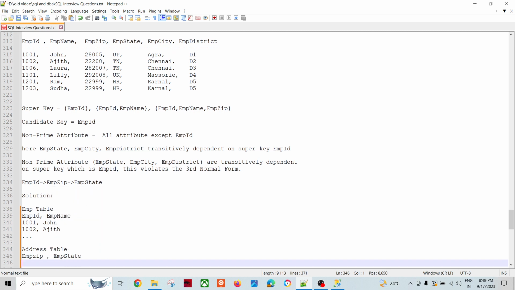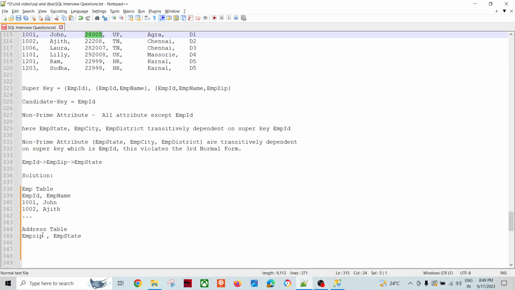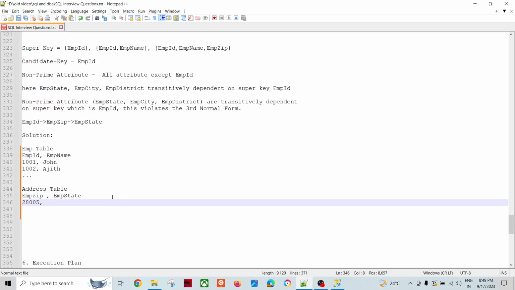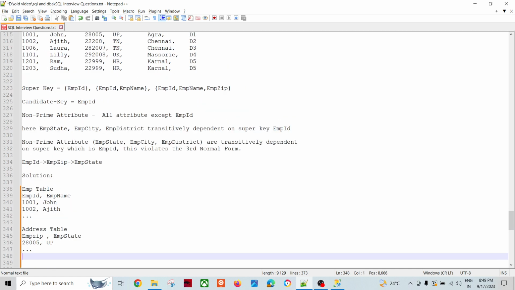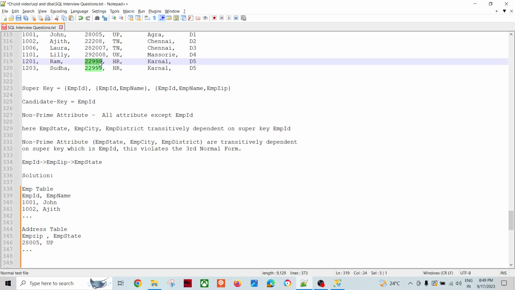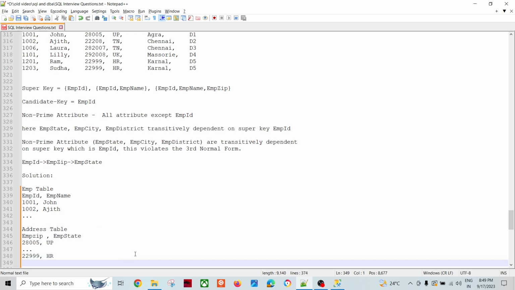Let's say I take two values; I am not taking city and district. The zip is like this one, and this is for UP, and likewise. For these two entries, I will have only one entry, right? So I am removing the redundancy of the data. I don't have to repeat these two entries while creating the address table.